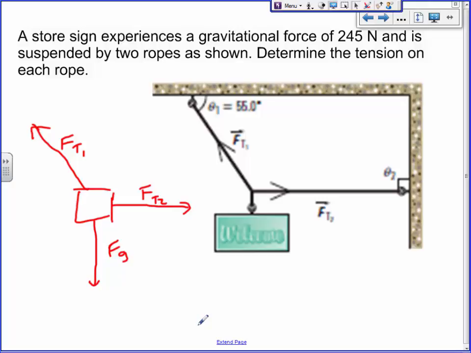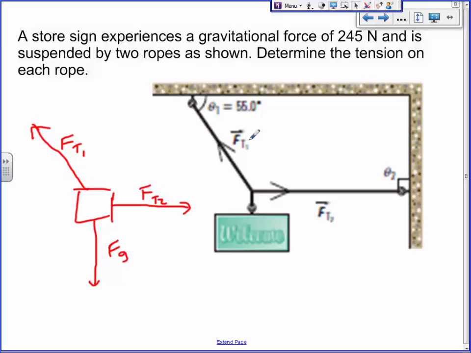If there were only 2 of these things, we probably could do the cosine law and just make a nice triangle out of it. But I don't think that's going to work very well on this one. So we kind of need to break this thing up again into the x and y dimensions. Hopefully you'd agree with me, though. This force of gravity is only in the y dimension, right? This force of tension is only in the x direction.